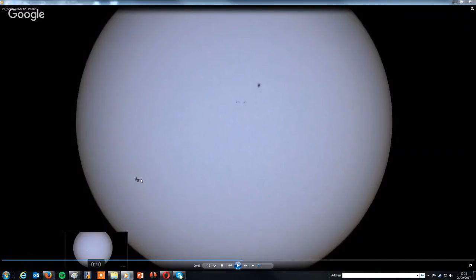It still doesn't tell us why it's up there and what it's doing. It's obviously doing more than what they want us to know, or no idea really. But all the videos they put out of the ISS up there showing the people on board, I don't know really. It's not conclusive evidence that it's up there.